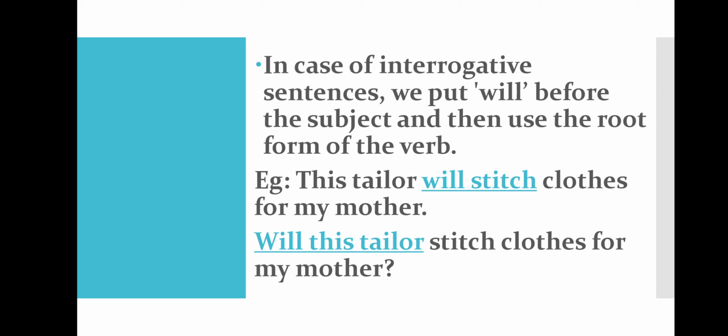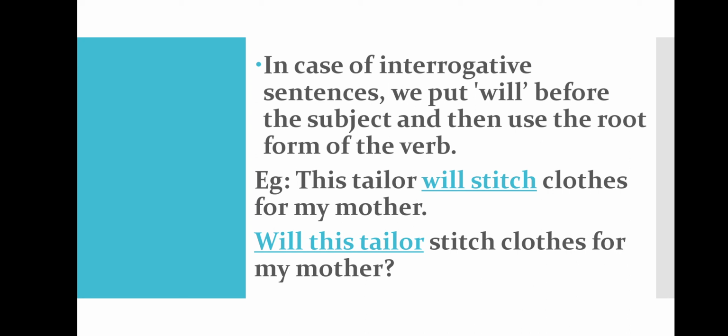In the case of question sentences, we start the sentence with will, and then the subject, or the one we are talking about. Subject means the sentence is about whom, yes or no. So will, then the subject, and then the verb or action word, and then the rest of the sentence. That's how it comes. Look at the example here.